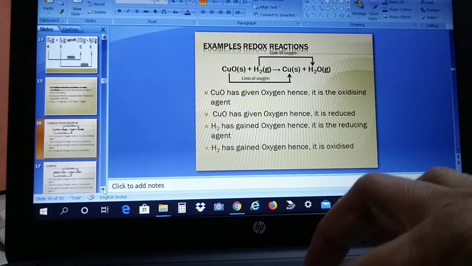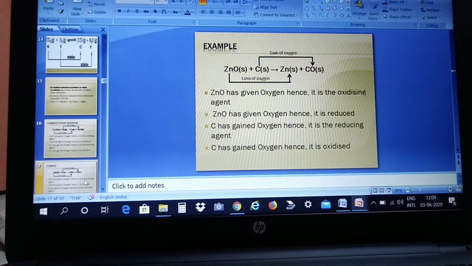Next we will see, I hope you are writing in the book, zinc oxide plus carbon, when they react, gives you zinc plus carbon monoxide. Now over here, zinc oxide loses oxygen, carbon gains oxygen. So zinc oxide has given oxygen, hence it is the oxidizing agent, and hence it is reduced. Carbon has gained oxygen, hence it is the reducing agent, and hence it is oxidized.